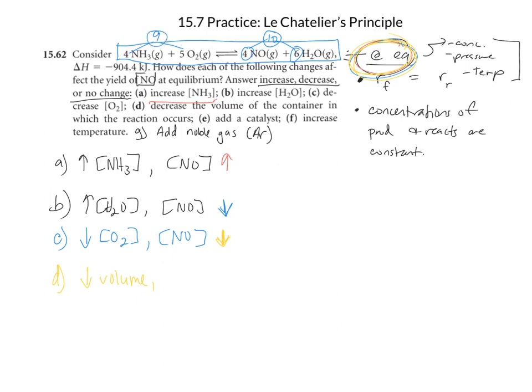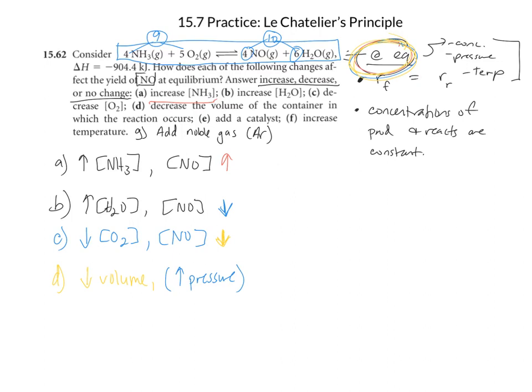As you squeeze this container and decrease the volume, you upset the equilibrium. And to achieve equilibrium, as you decrease the volume, I'm going to write a side step here. Decreasing the volume increases the pressure. So as that pressure is increased, the reaction is going to want to relieve the pressure.